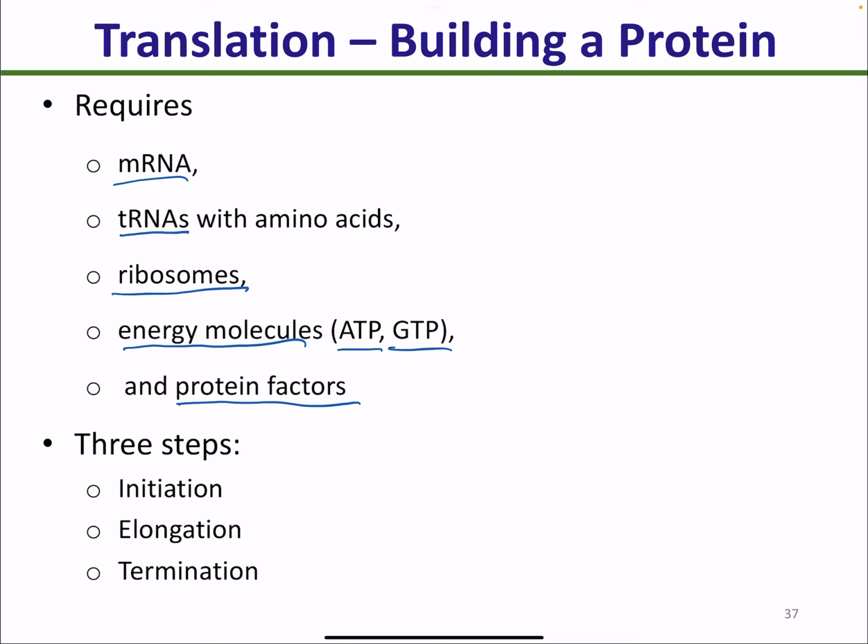Now, translation occurs in 3 stages. The first stage is the initiation, the starting of translation. Then you're going to have elongation. Elongation is when amino acids are added one after another, okay?